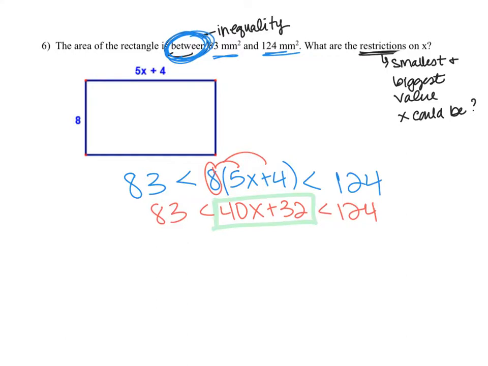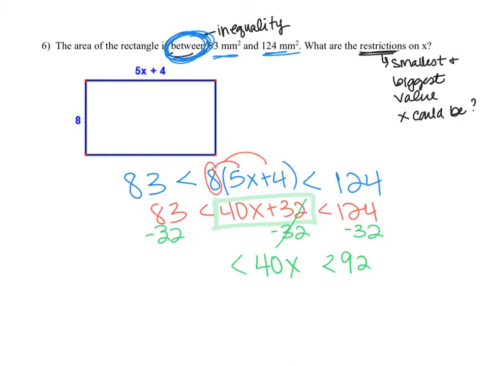The first thing that I see is this 32, so I'm going to subtract away 32. Now because I have an inequality on the right, I'm going to subtract 32 from that. And because I have an inequality on the left, I'm going to subtract 32 from that also. So 124 minus 32 will give us 92. We have 40x in the middle.